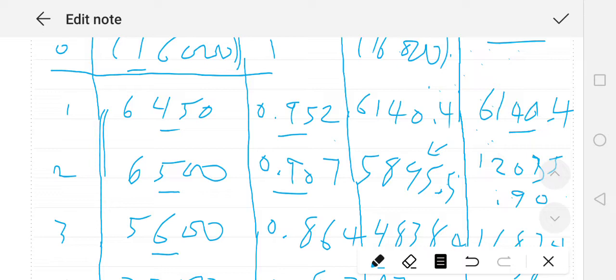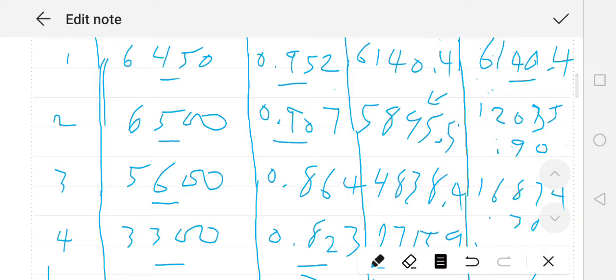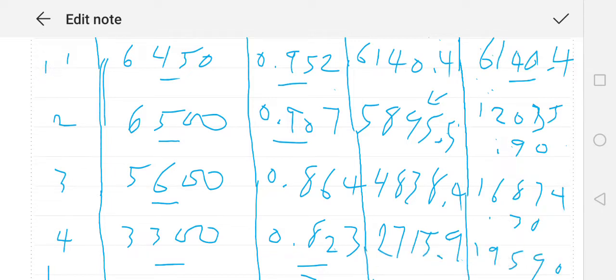In year 1, you could have recovered 6140.4. In year 2, you could have recovered 12,035.9. But if you go to year 3, you would have covered your 16,000 in full, but they are saying years before full recovery. So we have only 2 years, that is 1, 2.